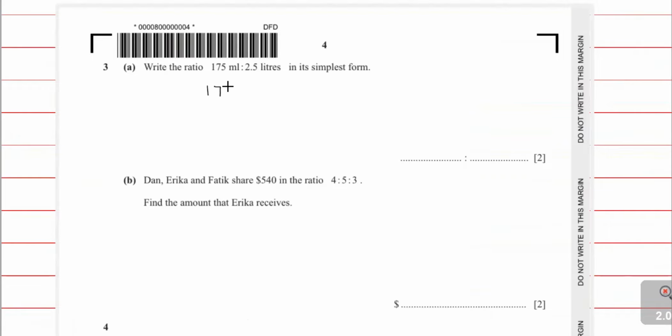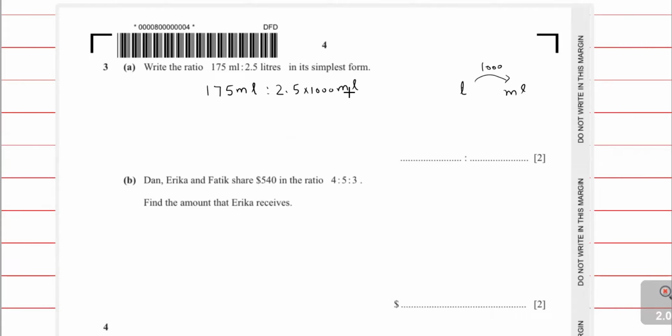Look here, this is 175 milliliter and this is 2.5 liter. We can convert the liter into milliliter. We multiply this value by 1000. This will convert into milliliter. Therefore, we write 2.5 multiplied by 1000.